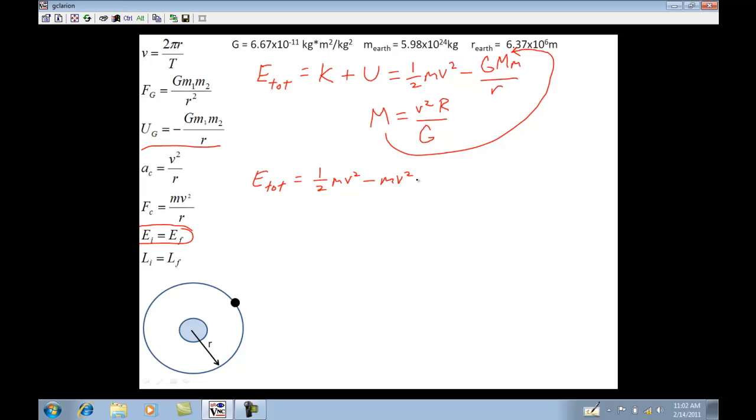And so I get the total mechanical energy as being negative 1/2 mv squared. Again, that negative sign has to do with our arbitrary choice of infinity being 0 gravitational potential. Let me finish this next part.